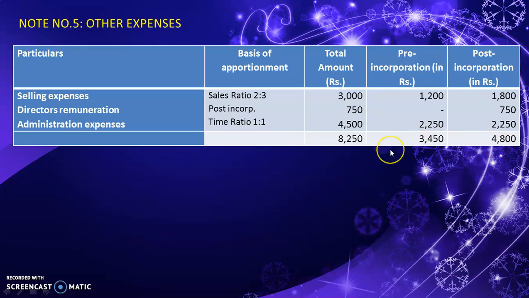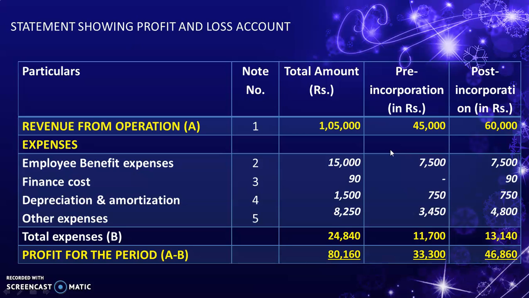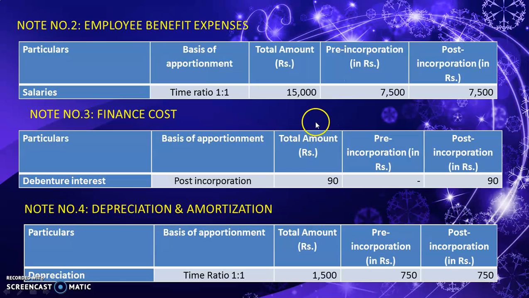And all these notes values are to be carried over to the statement showing profit and loss, for which revenue from operation, that is A, 1,05,000 is the total, 45,000, 60,000 pre and post incorporation. And for expenditure, write all the notes and the total of all the notes. Note number 2, 15,000, 7,500, 7,500.